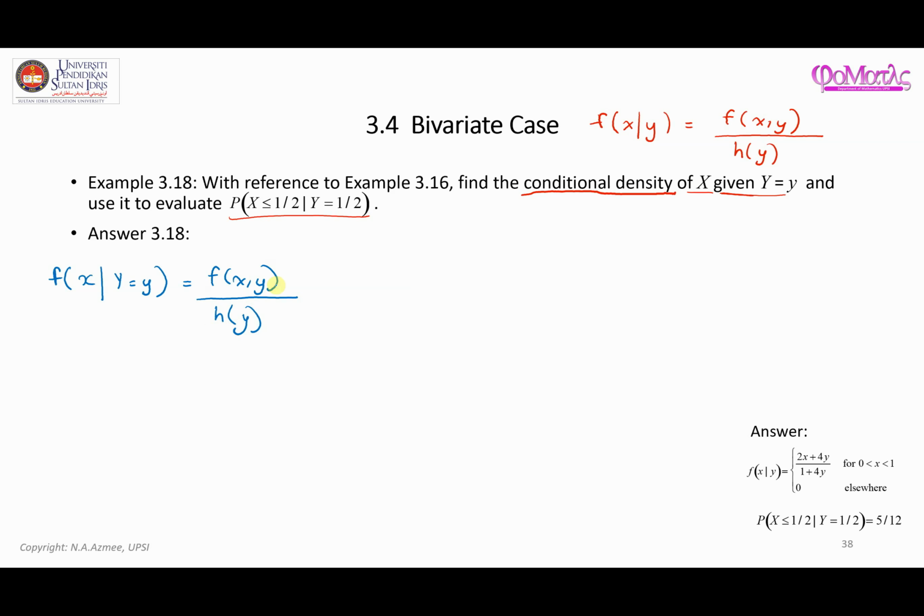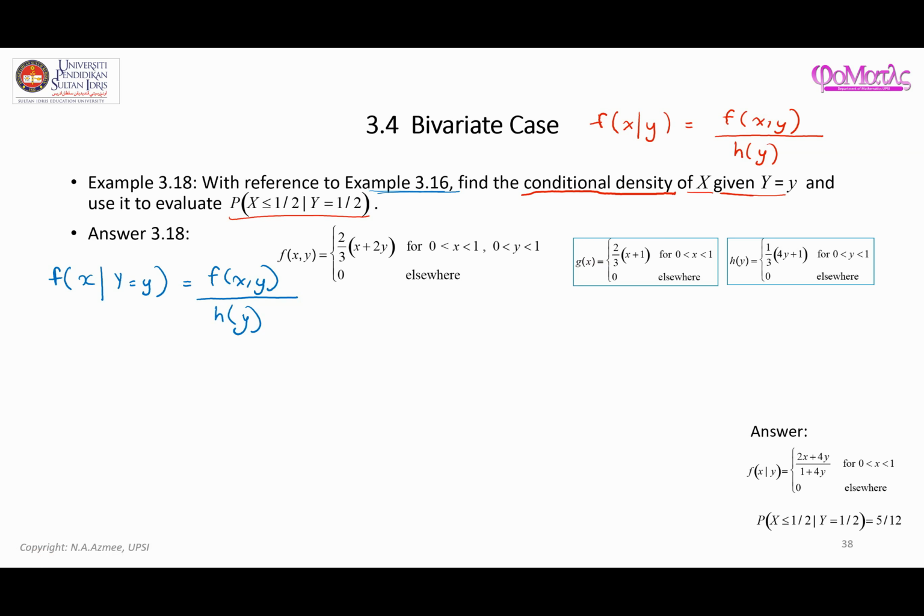Now, what is f(x,y)? According to example 3.16, let us recall example 3.16. This is f(x,y), the joint probability density for x and y, and we have done in the previous video the result for the marginal density of y and the marginal density of x.